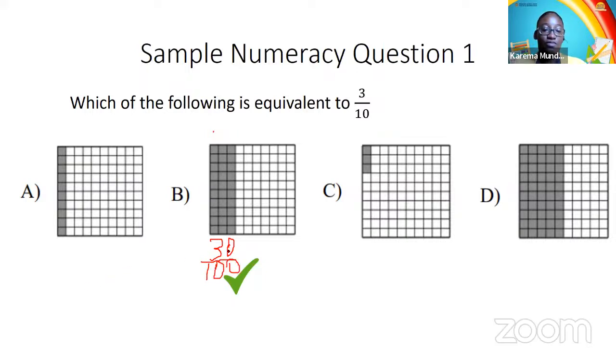And why is it that 30 hundredths is equivalent to 3/10? Again, we can simplify by saying, find a factor that goes into the numerator and the denominator. And that for me is 10. So 10 into 30 goes 3 times, and 10 into 100 goes 10 times. Hence, we have this one here, B, being the one that is equivalent to 3/10, because when you simplify 30 hundredths, you get 3/10.